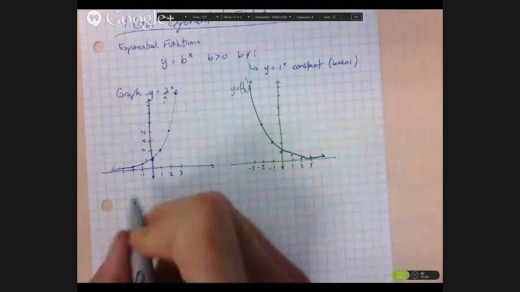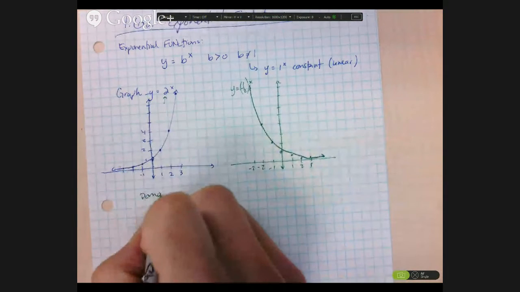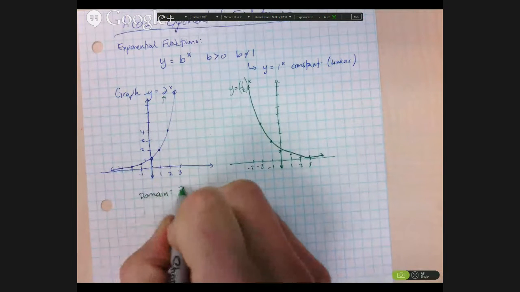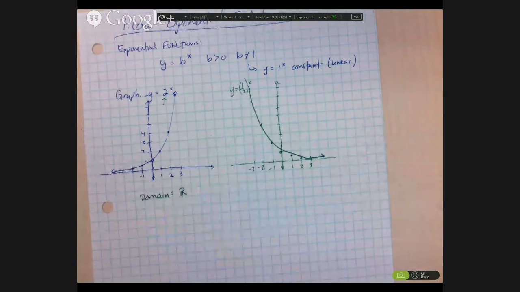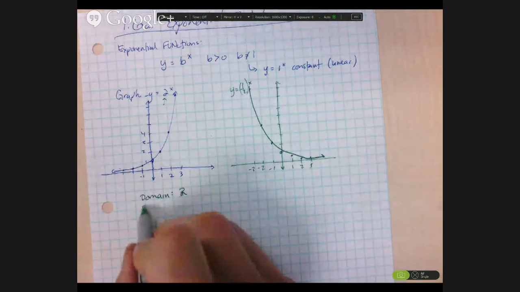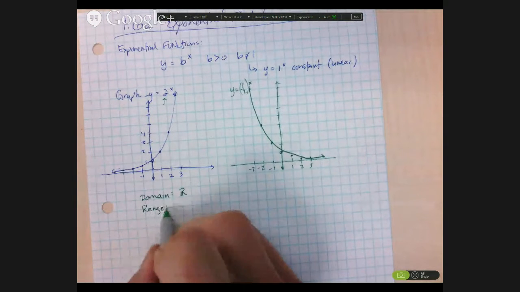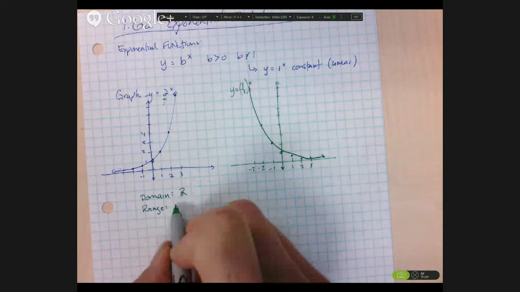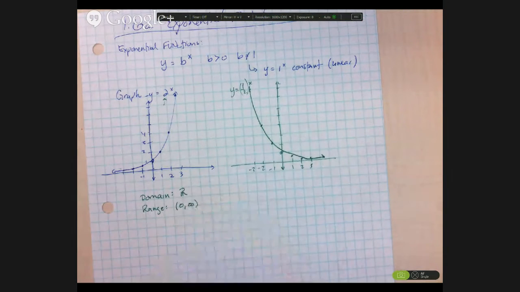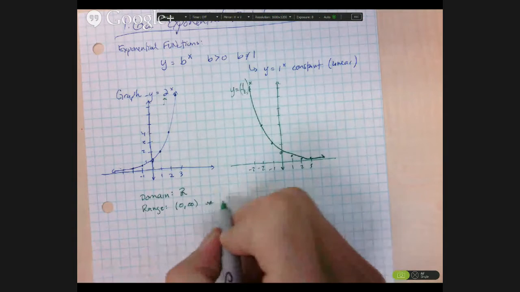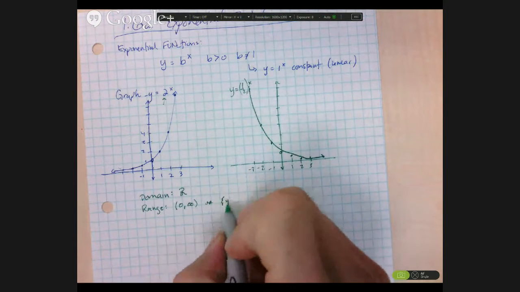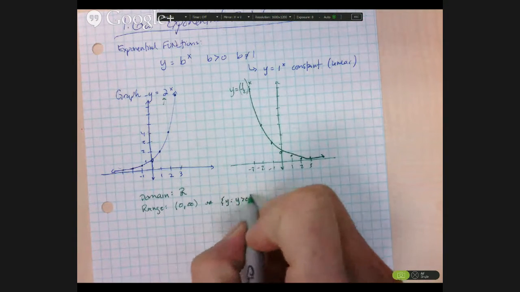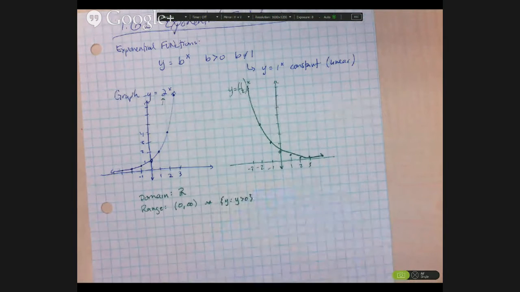Okay, the domain is all real numbers. Okay, but the range of each of these is only 0 to infinity. Okay, or you could also write it as y such that y is greater than 0. Okay.